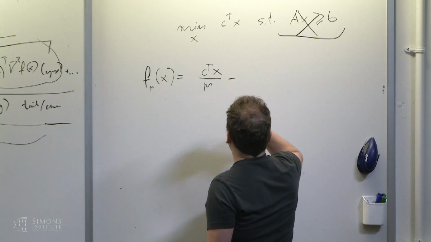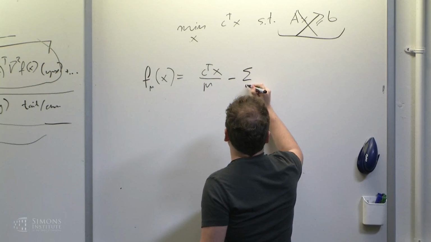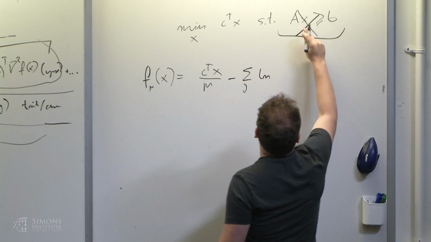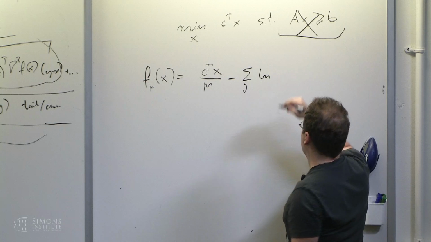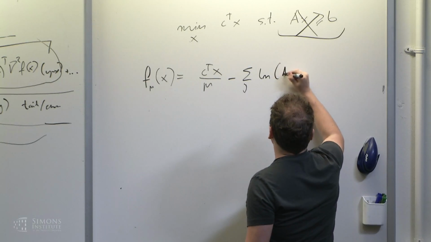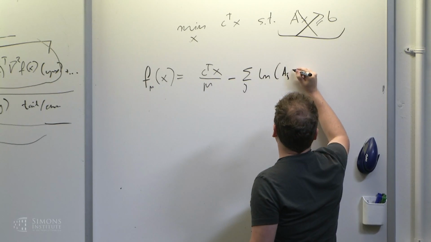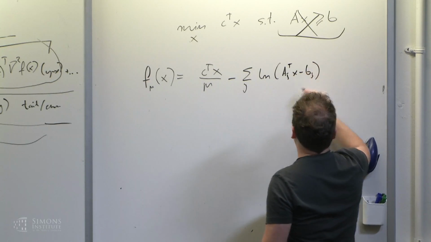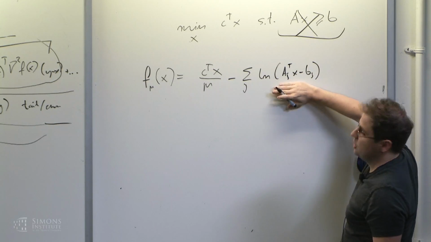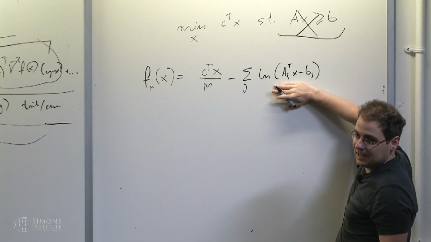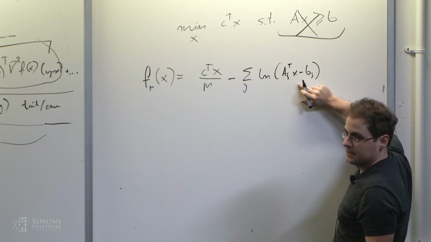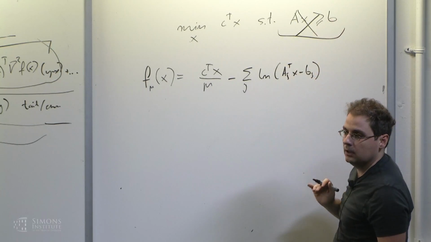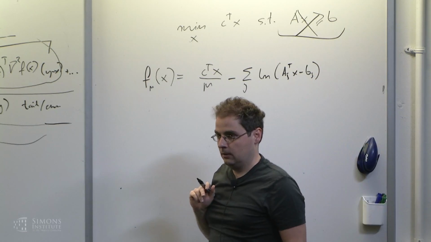Then we have this barrier function, which has one term for every inequality. It's the logarithmic barrier. It looks at the jth constraint and penalizes: if this thing is getting close to being infeasible, then this shoots up and tries to repel us from there.